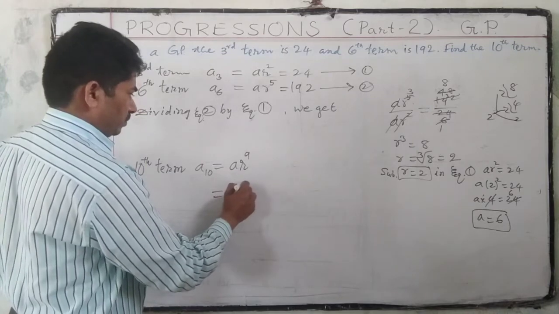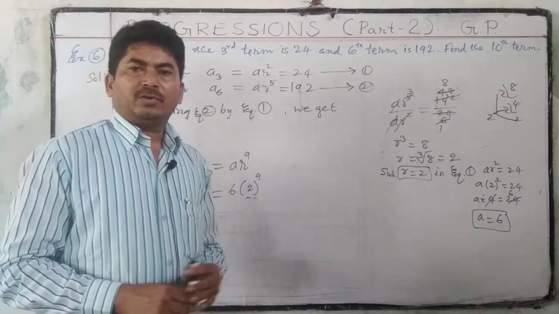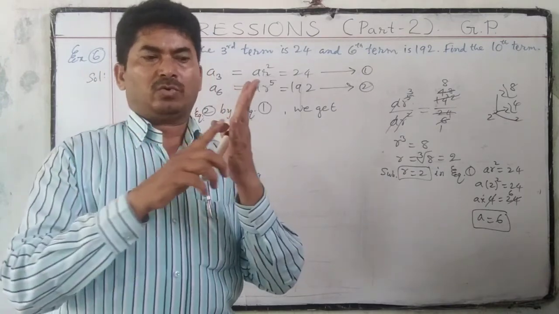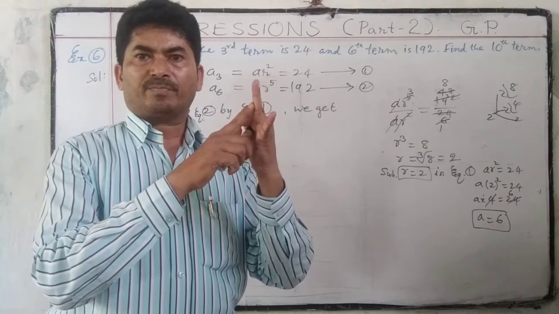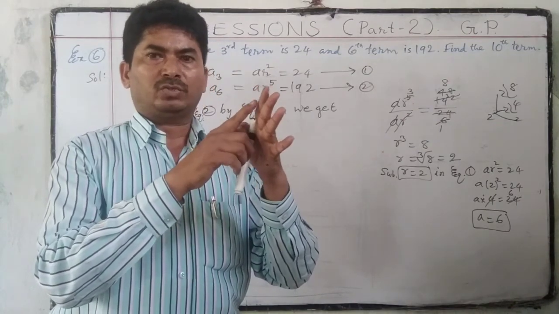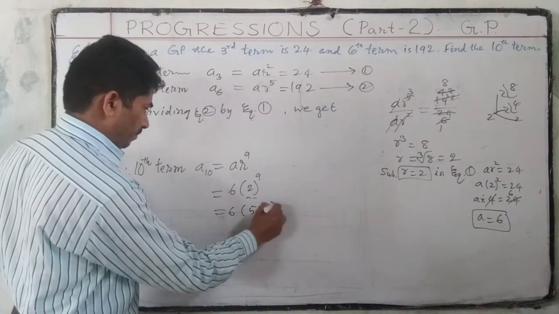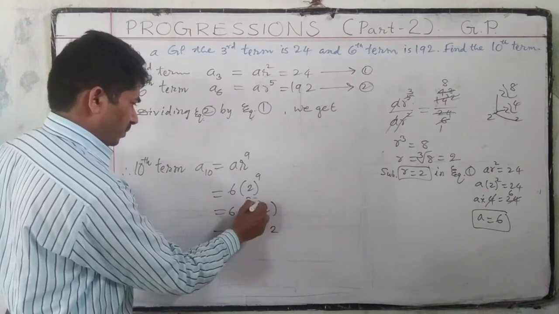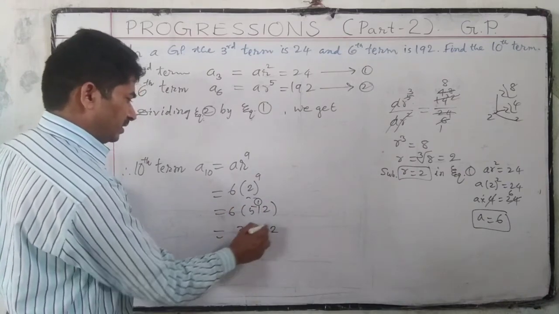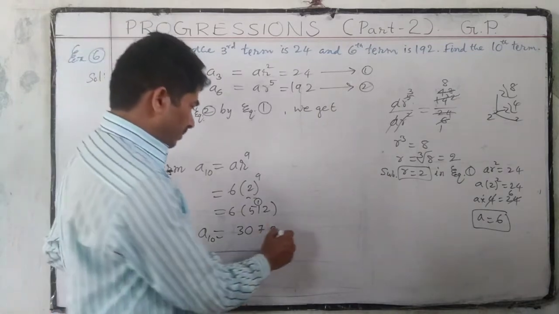Here A value is 6, R is 2 to the power of 9. 2 to the power of 9 we can calculate: 2, 4, 8, 16, 32, 64, 128, 256, 512. 6 into 512 is 3072. So this is the 10th term.